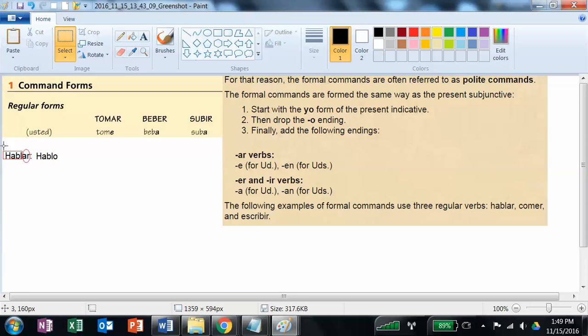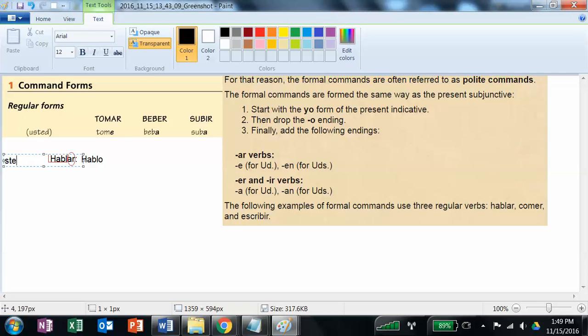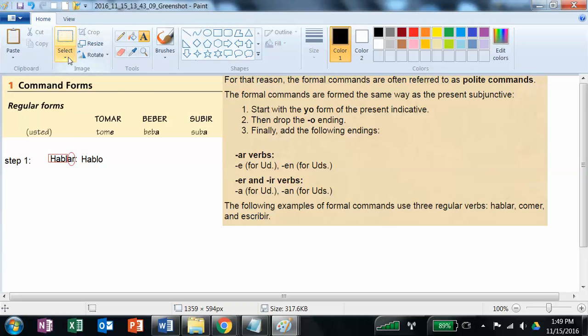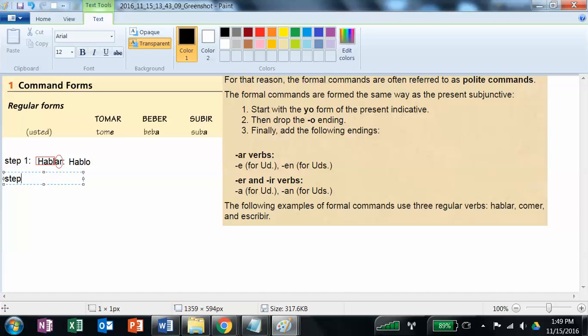So this is step 1. And then I'm going to have step 2.